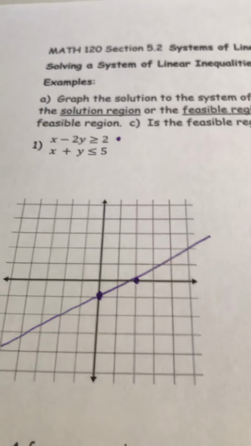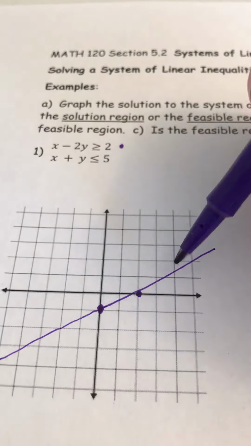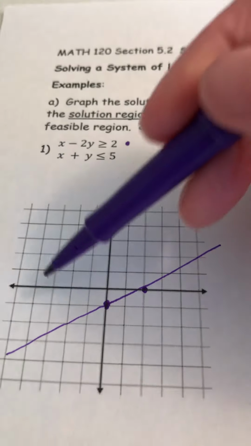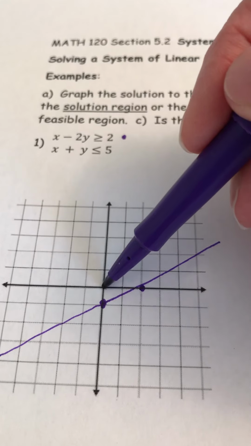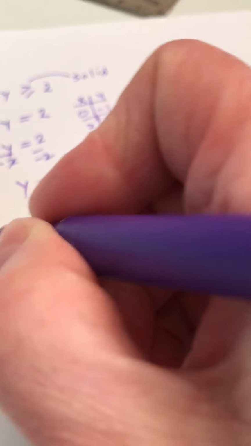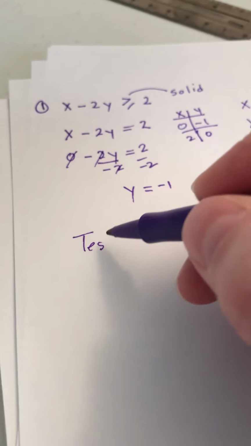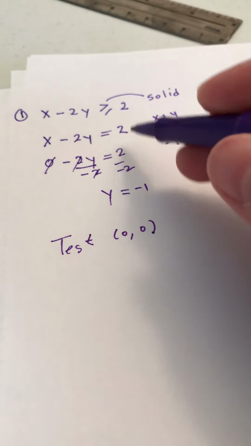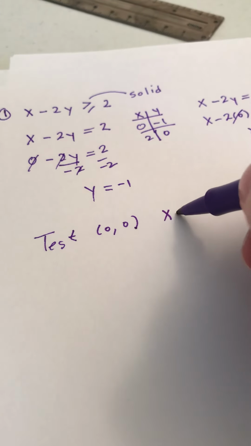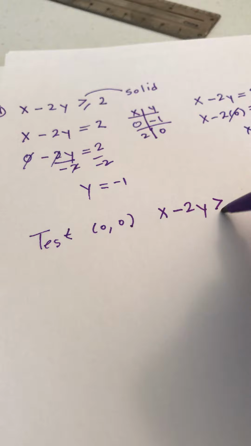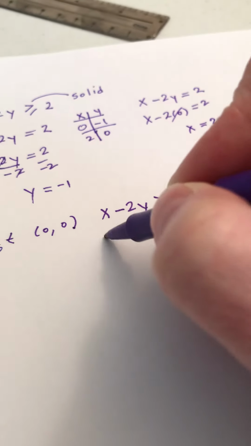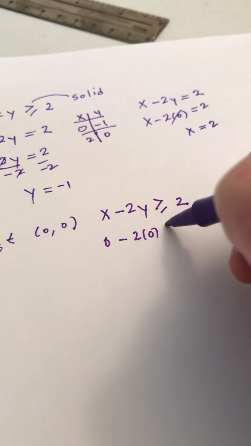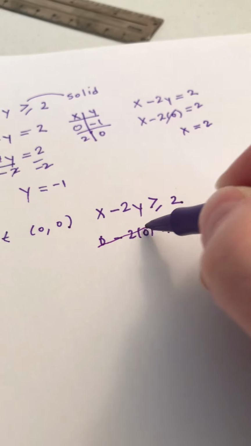And now I have to decide, do I shade on the left side or on the right side, or above or below? So I'm going to take my test point 0, 0, and I'm going to put that into the inequality. So x minus 2y, you go back to the greater than or equal to 2. Substitute in 0. And that's all 0.